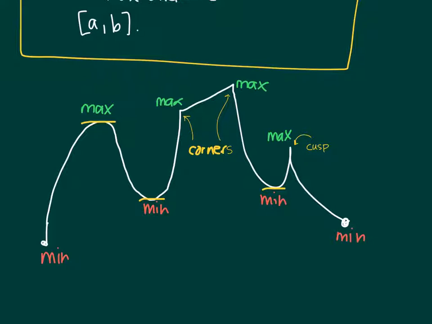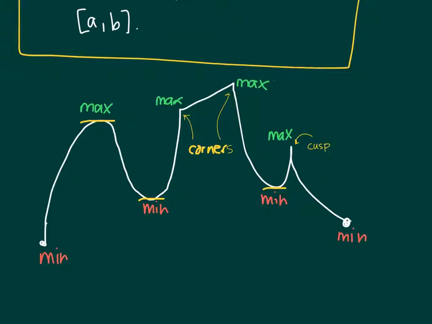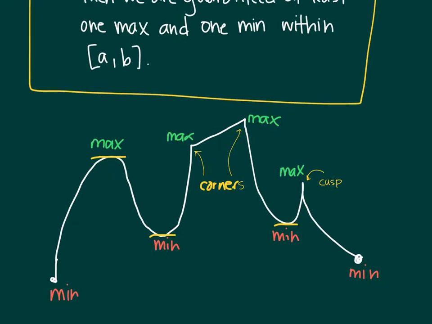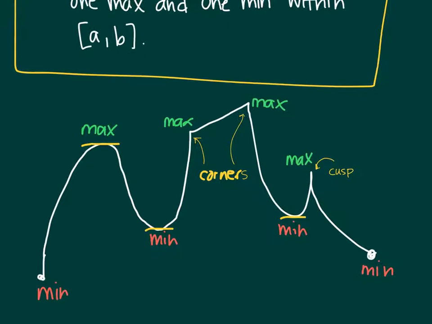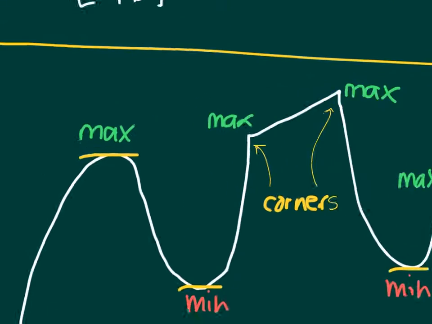Now how do you do the math behind that? What you want to do is look at every time something's happening, either an endpoint or a critical point, and look at what the slope is doing on either side. So I'm going to look at this max here.